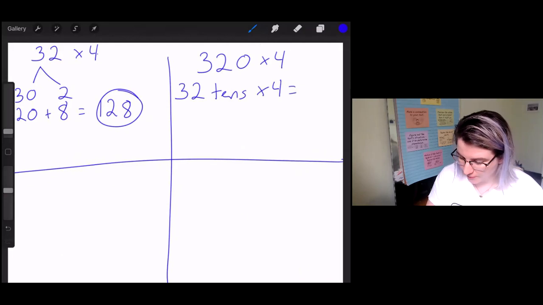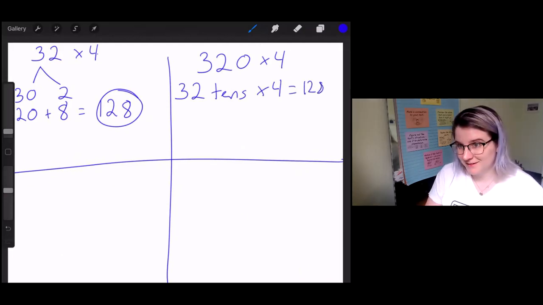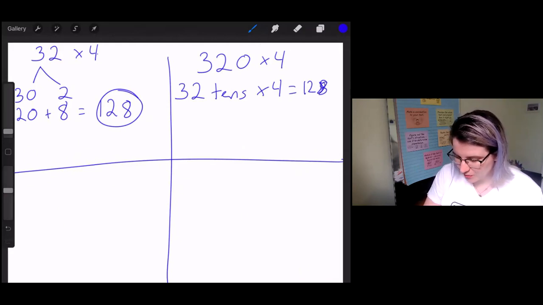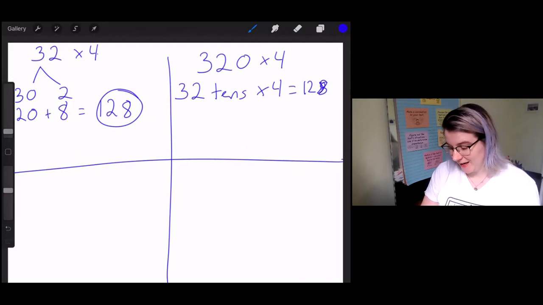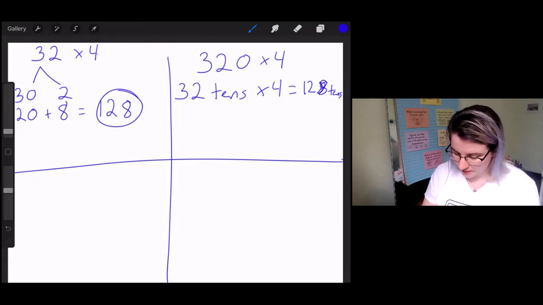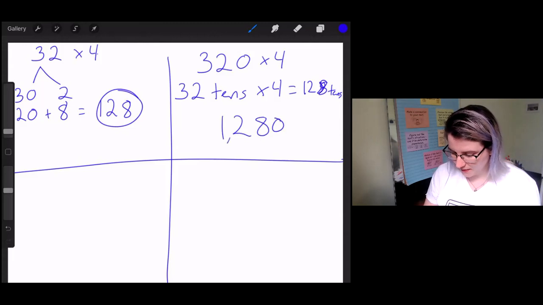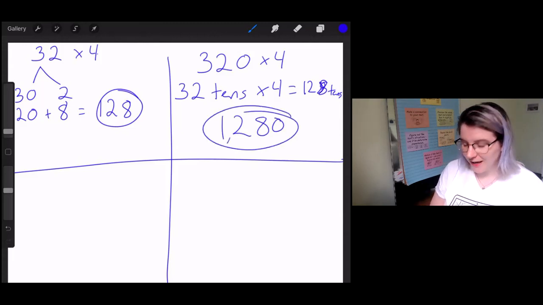And since we know that 32 times 4 is 128, that's an 8, it doesn't look like one. 128 is 128 tens because it has that extra 0 on there. Does that make sense? So in other words, 128 tens is 1,280.